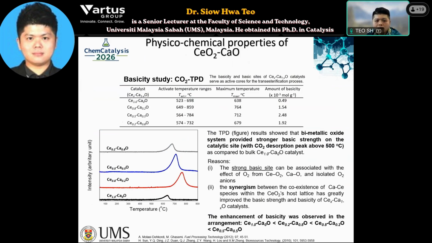Among these catalysts studied, the basicity follows the order of this arrangement. This arrangement indicates that the catalyst composition plays a crucial role in determining the catalytic properties. These findings suggest that the incorporation of cerium in the calcium oxide system can effectively improve catalyst basicity, which is expected to enhance the biodiesel production performance.